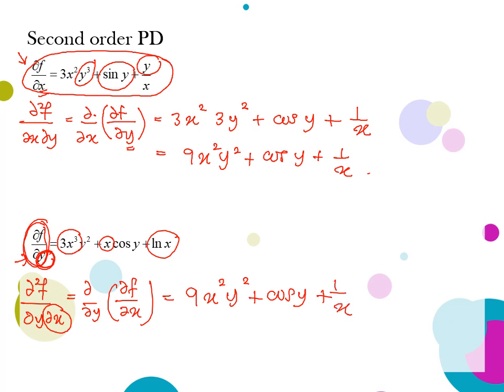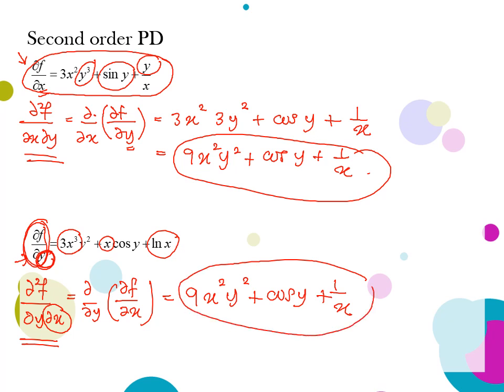Do you notice something here from del squared f del x del y and del squared f del y del x? Look at their differentiation. Yes, the answers are similar, right?